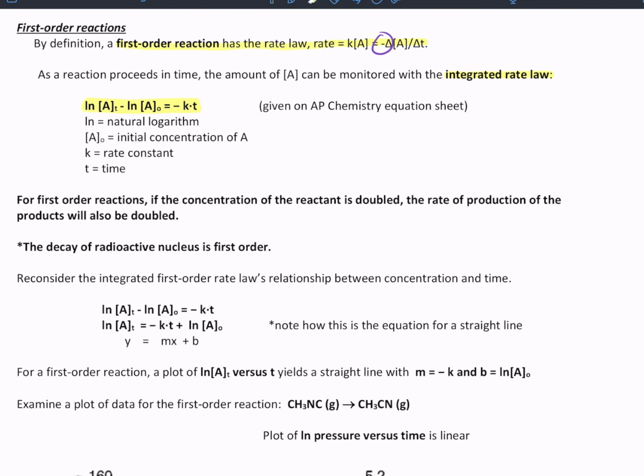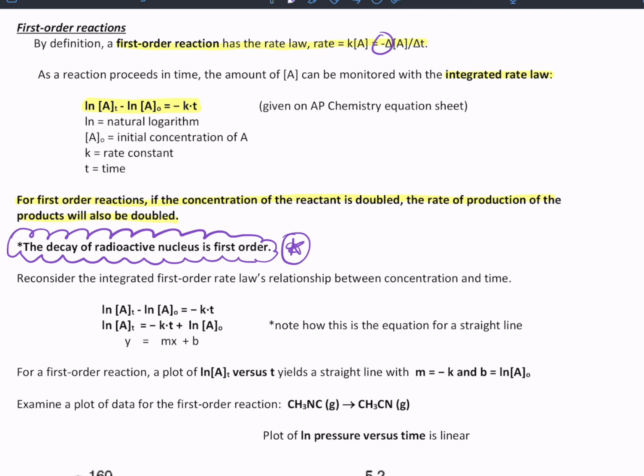The first order reaction, just like we looked at before, if the concentration of the reactant is doubled, the rate of the production of the products is also going to be doubled. We looked at this with the method of initial rates. One really important thing to know as we are looking at our problems is that radioactive decay for a nuclei is always going to be a first order reaction.